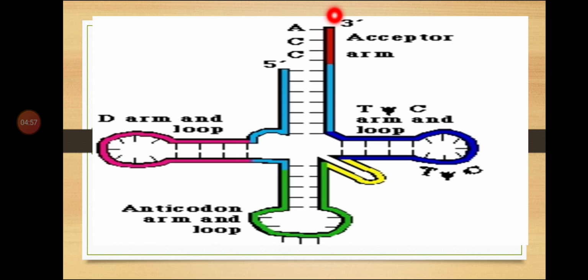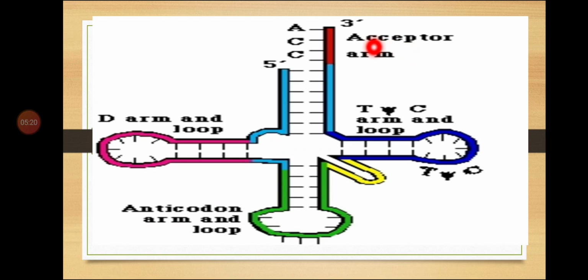It also shows the amino acid acceptor end at the 3' end, having unpaired CCA bases. It has unpaired CCA bases at the 3' end, and this end is known as the acceptor end.